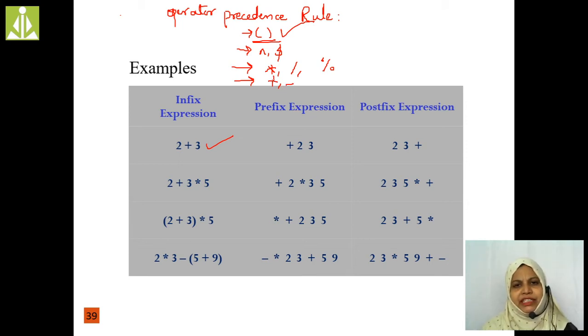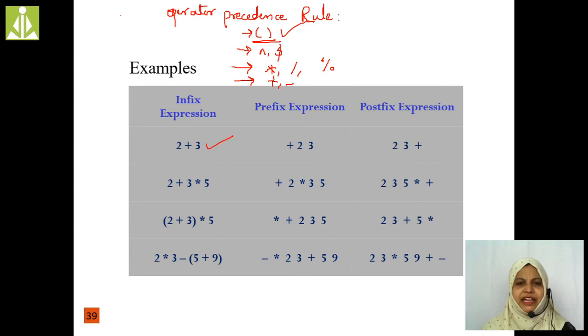While you convert any expression from one form to another, we have to use the operator precedence rule. By using it, we assign priorities to each and every operator. The operators having the highest priority are evaluated first.